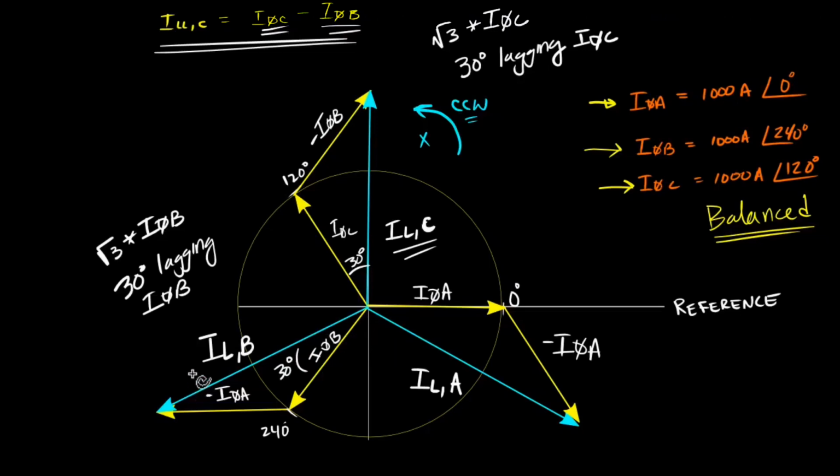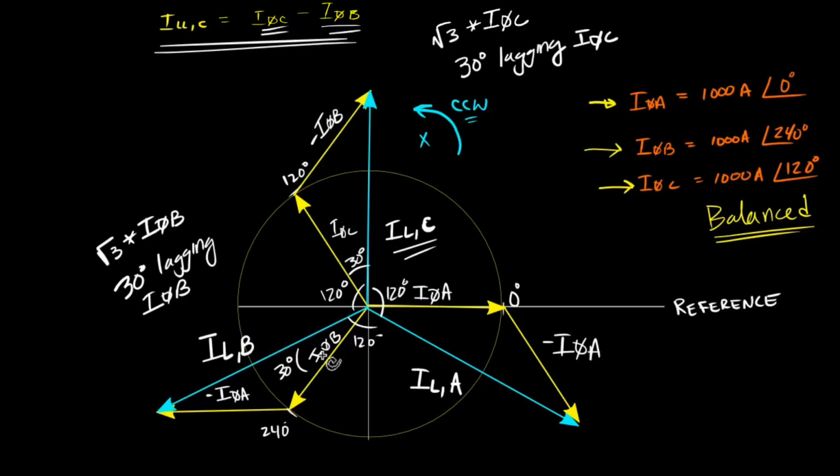The line currents also have 120 degrees difference between each of them. So we have 120 degrees phase difference here, 120 degrees here, and 120 degrees here. All three of them have the same magnitude, which is the square root of 3 times the phase current. In this example, we can see that the line currents are a balanced set of three-phase currents.